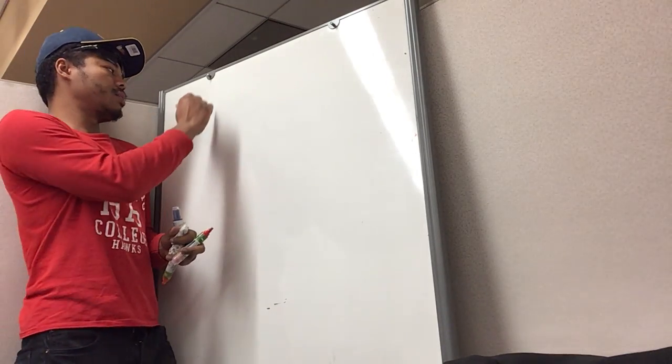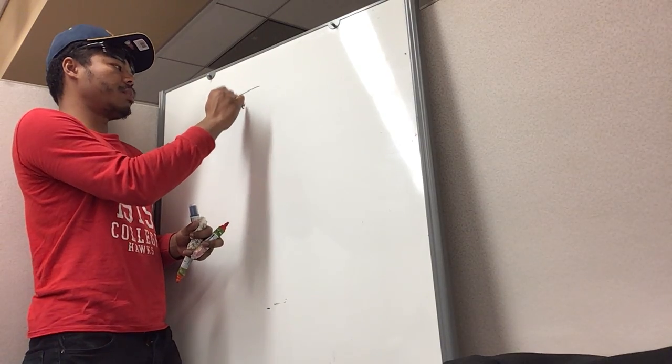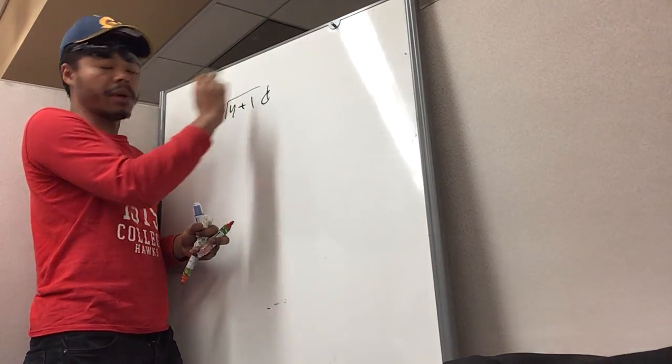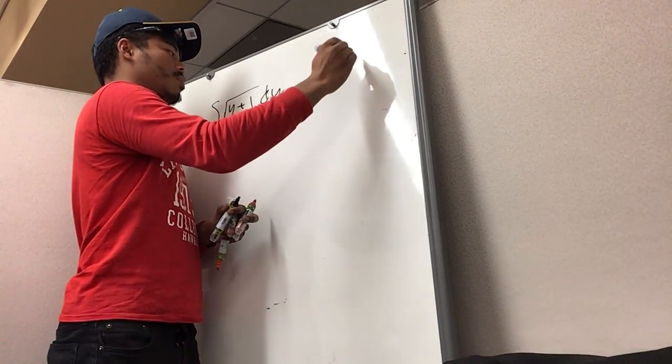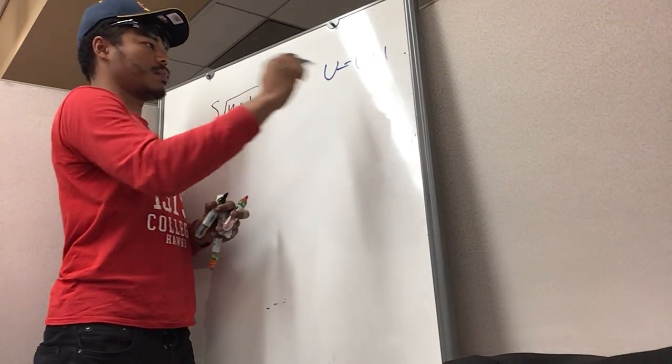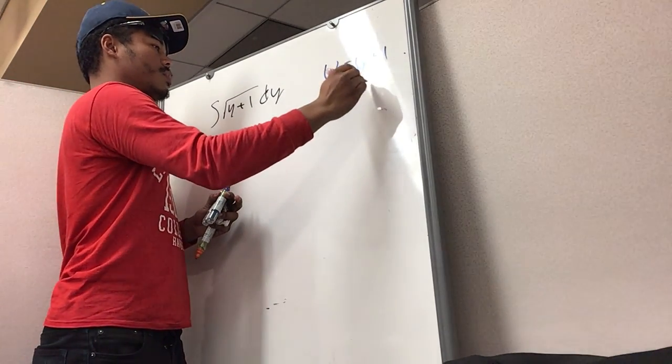Alright, so we have this thing, the integral of y times the square root of y plus 1, dy. u equals y plus 1, du equals dy.